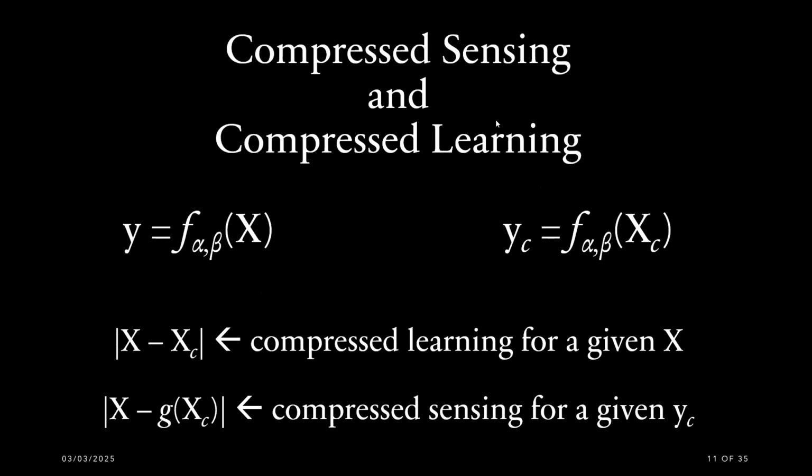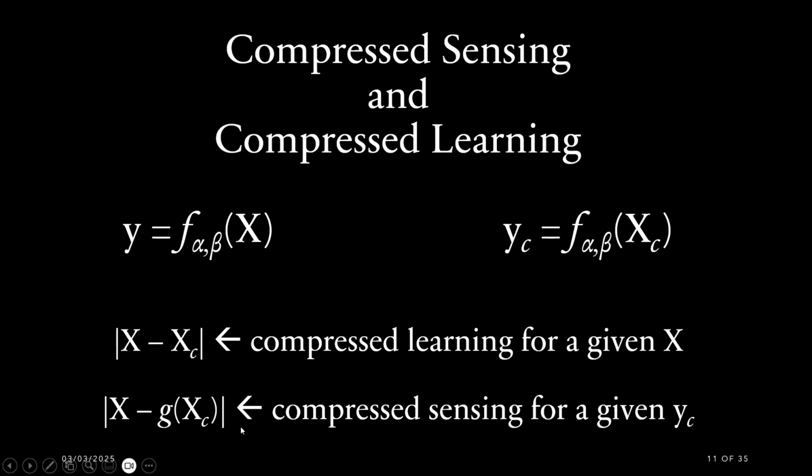So let's look at the modeling. This is called compressed sensing and compressed learning. These are two distinct definitions that we always use to understand how the machine learns. I've already shown this one: this is the regular machine learning, and this is the compressed domain machine learning. If you look at the difference between these two, that's where compressed learning comes in, because you want to learn this from this, so we need to minimize this distance.